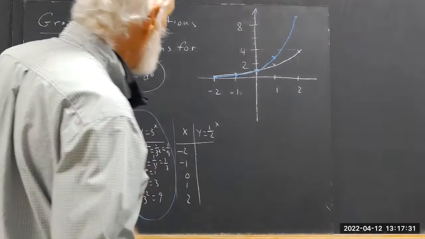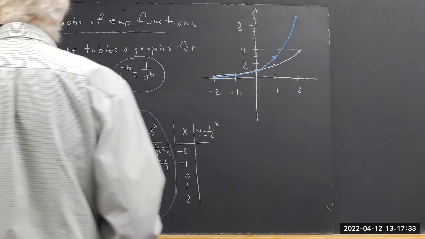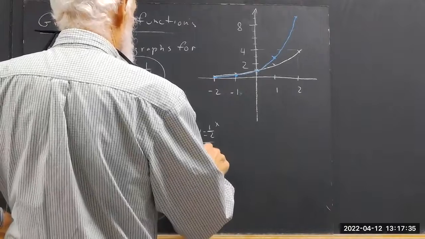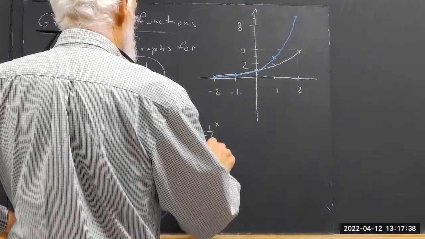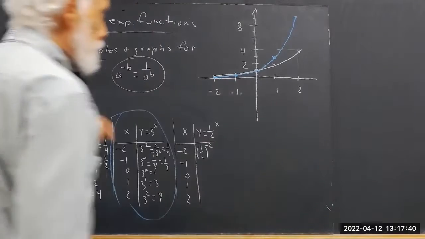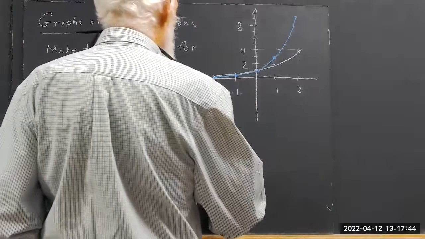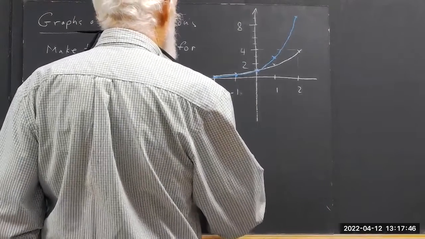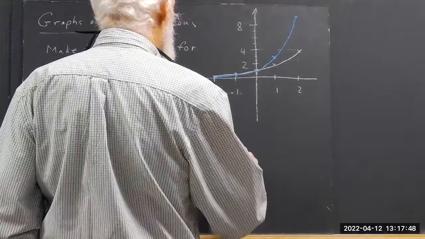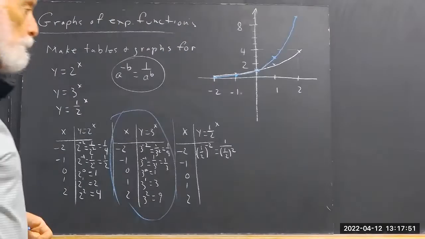Now, what about (1/2) to the x? One-half to the -2 means what? It means 1 over (1/2) squared.